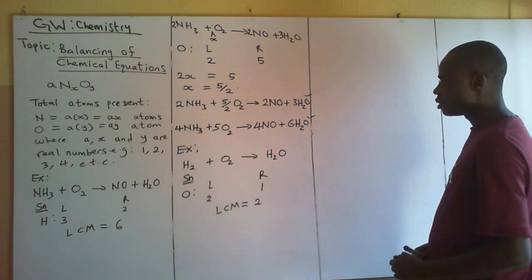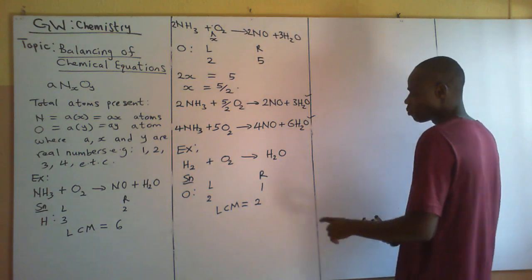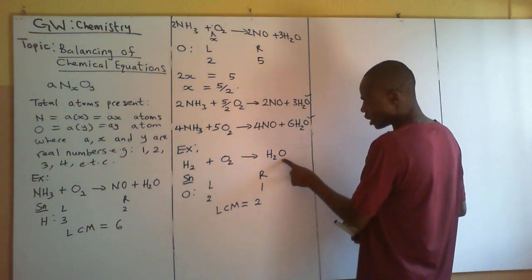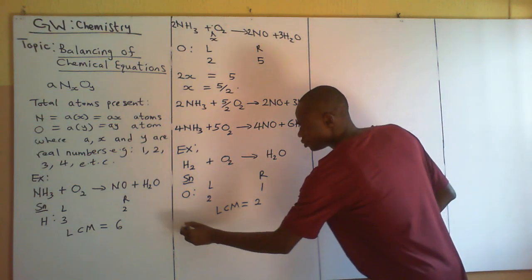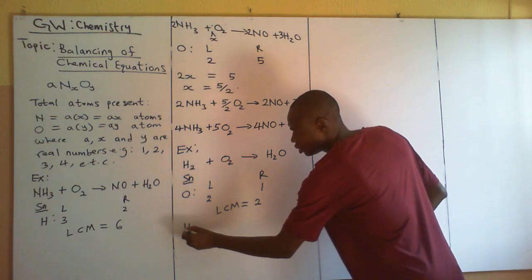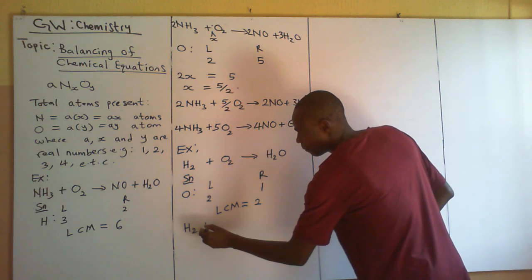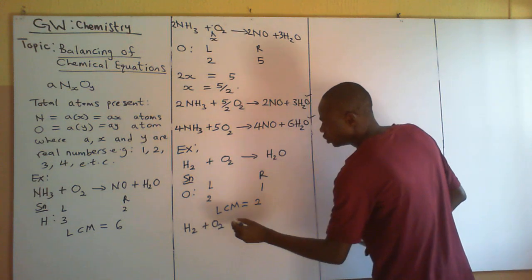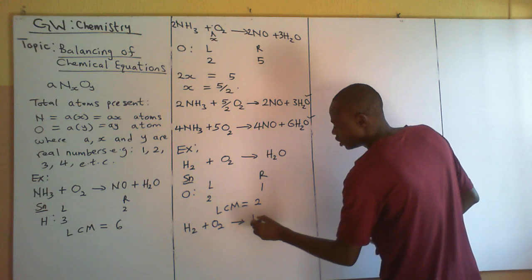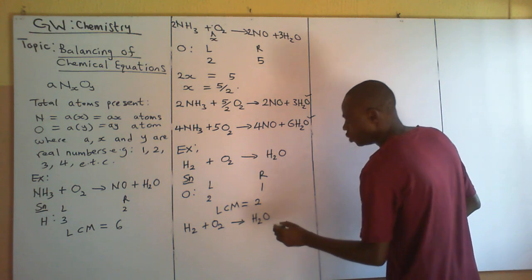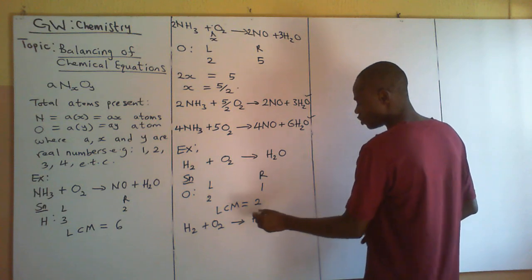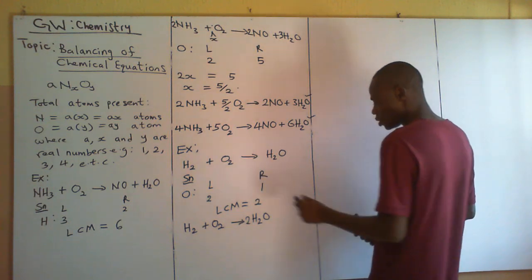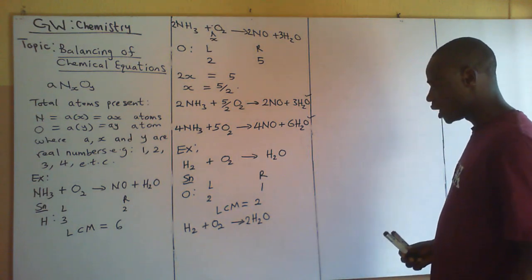You multiply the right hand side by 2, then it becomes H2 plus O2 equals 2H2O. Since oxygen here is 1, 1 times 2 will give us 2. Oxygen is balanced.